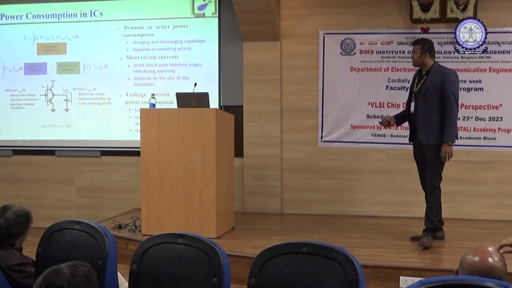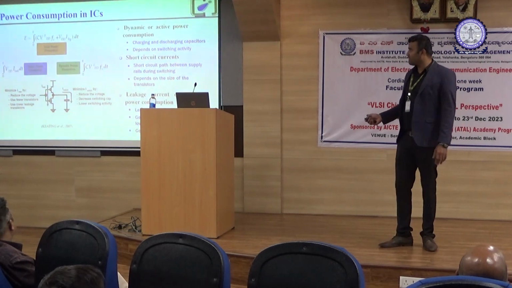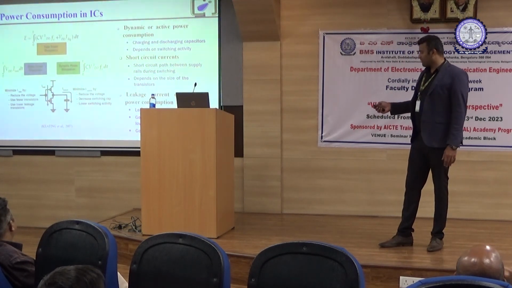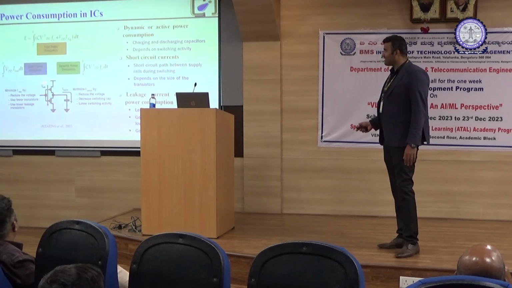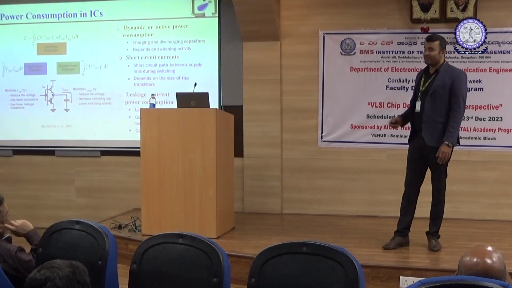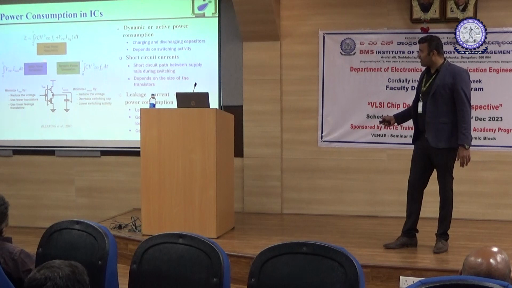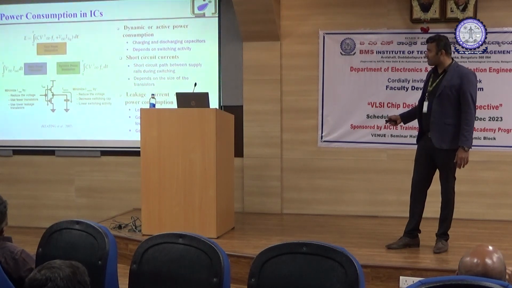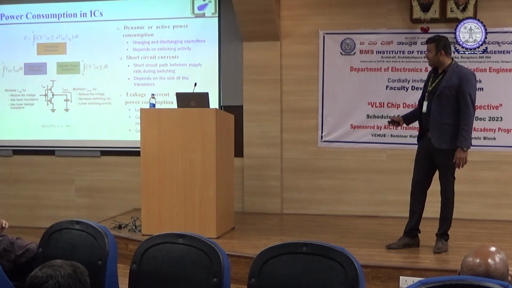Next, power consumption in an IC, an integrated circuit. We are dividing it into three categories: dynamic power, static power, and short circuit power, which I have not mentioned; in the next slide we have it. These three components add up to give the total power dissipation.